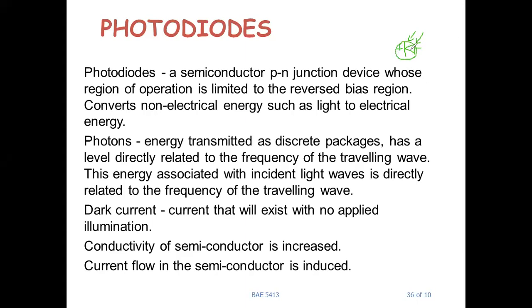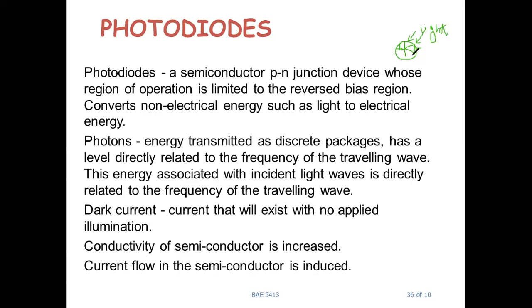The light is falling on this diode. This is the photodiode symbol. Some people also draw it inside a circle. This is the symbol of the photodiode: a diode, but with light coming towards it. That is called a photodiode.